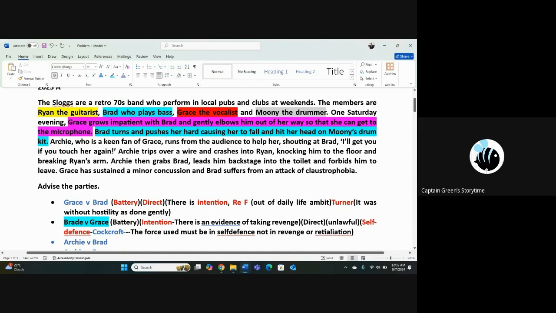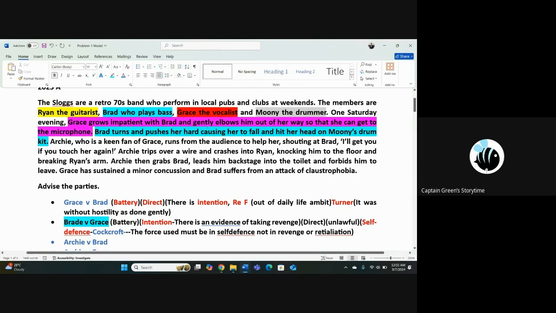Now, look, gently elbowing a person means there is physical contact between the two people. Thus, out of the three offenses, which one would apply? Either assault? In assault, there is no physical contact. Is there any false imprisonment? No, there is no total loss of freedom. The last element is battery. Is there a physical contact? Thus, battery will apply here.